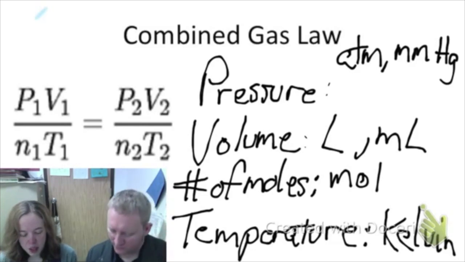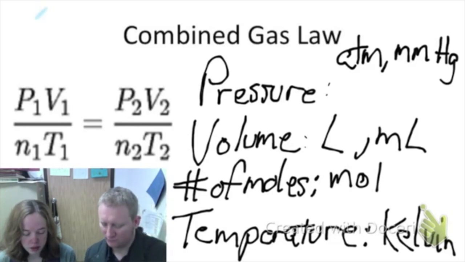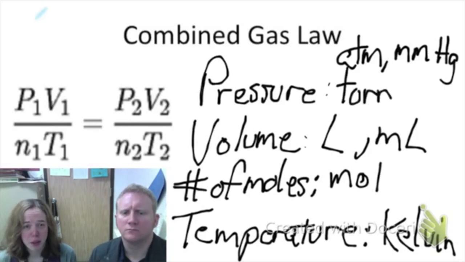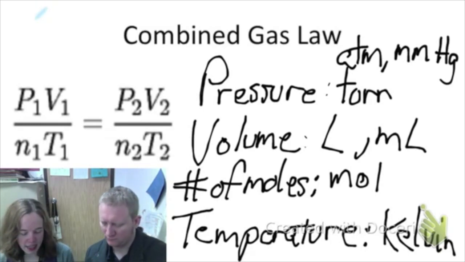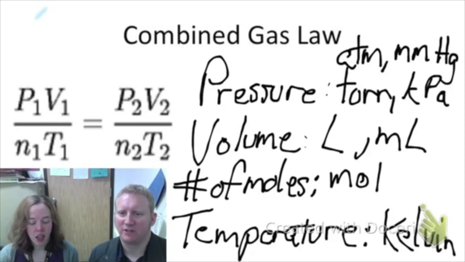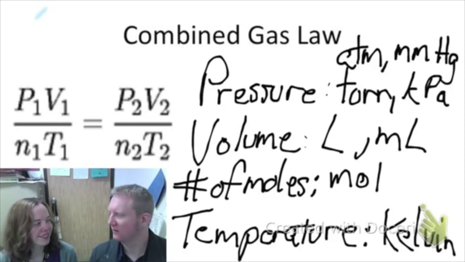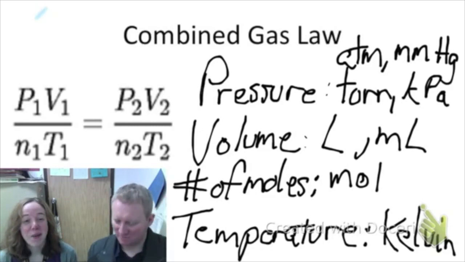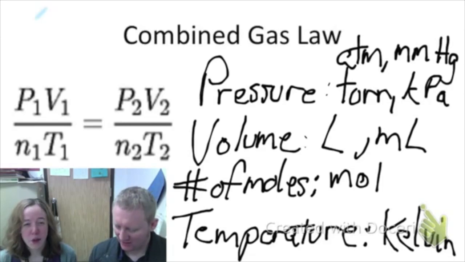It can be in torr, which is mathematically exactly the same as millimeters of mercury. They just gave it a special name. Or it can be in kPa, kilopascals. If it's any one of those 4 things, it's going to be pressure. Everything else is pretty easy to recognize. So if you're not sure what it is, it's probably a pressure unit.